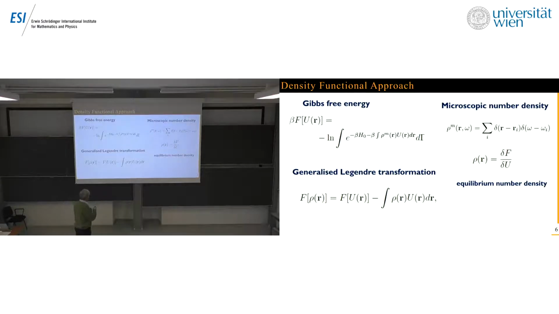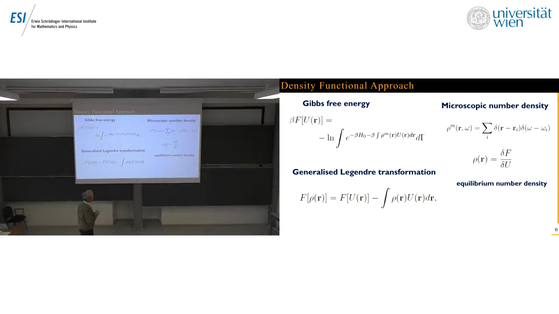And so if we start with first principles, we can write down the well-known expression for the Gibbs free energy in statistical mechanics. This Gibbs free energy is a functional of the external field, which may be spatially dependent. Also, if we want to fix the state of our system, we create the so-called auxiliary field, which is just a fictitious field used to control density.